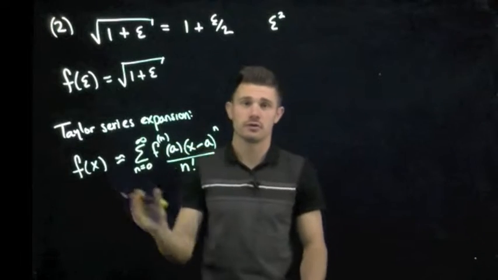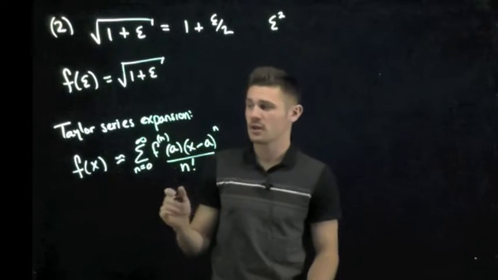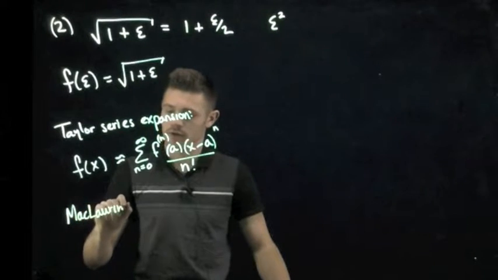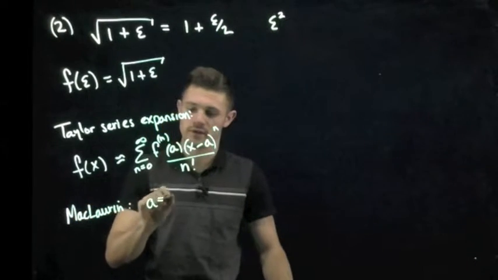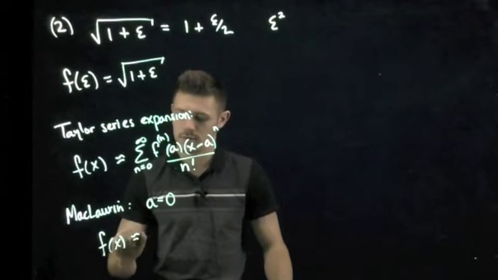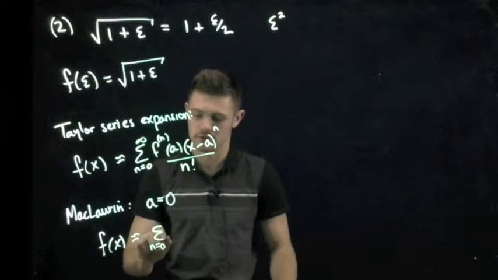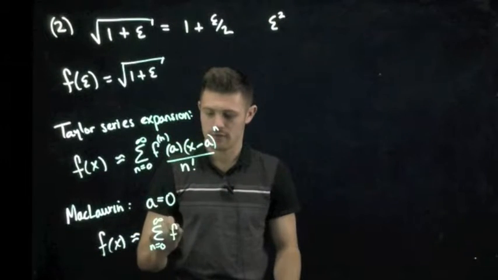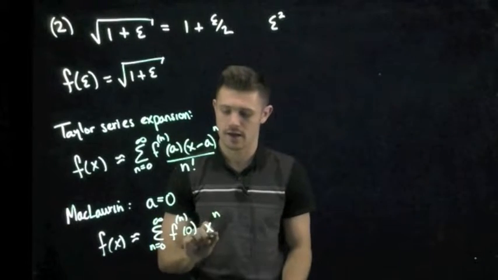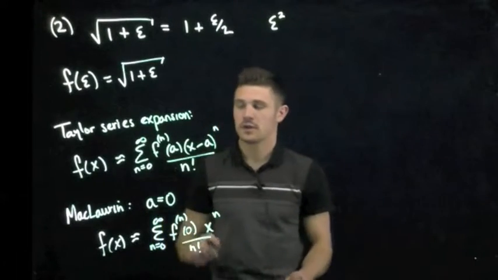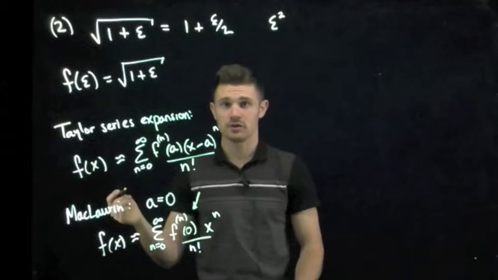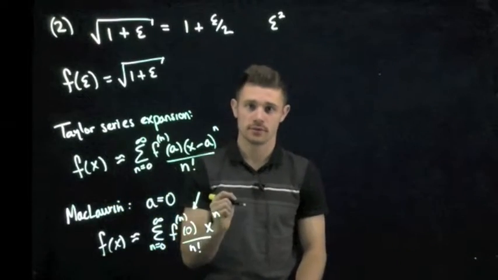This is the general expression for a Taylor series expansion, and it becomes Maclaurin when we are evaluating around a equals 0. In that case, f of x is approximately the sum from n equals 0 to infinity of f to the power n evaluated at 0, times x to the n, over n factorial. This term means the nth derivative of our function evaluated at 0.